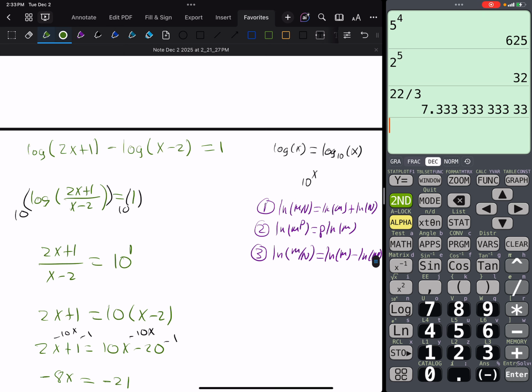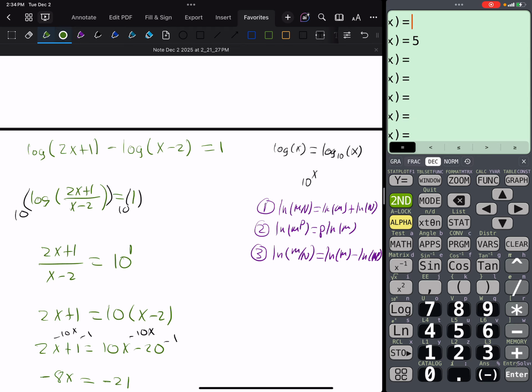And if I want to test this, well, what can I do? I can go back, I can graph these, and I can do log of 2x plus 1, and then I can subtract from that log of x minus 2, and then I can set that equal to 1.